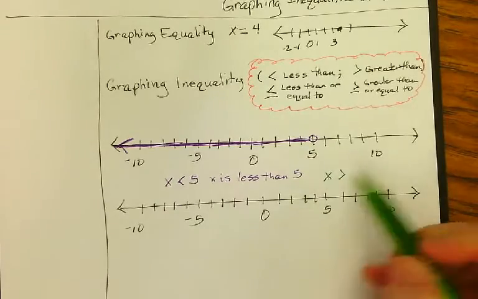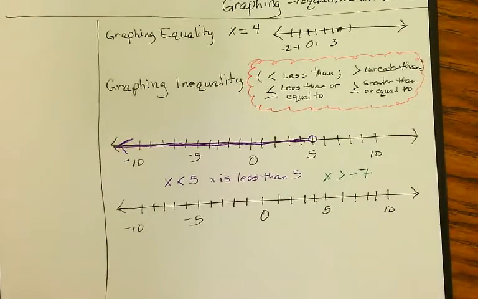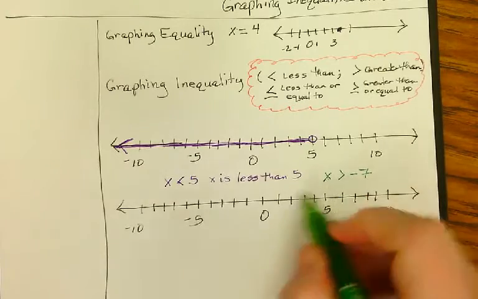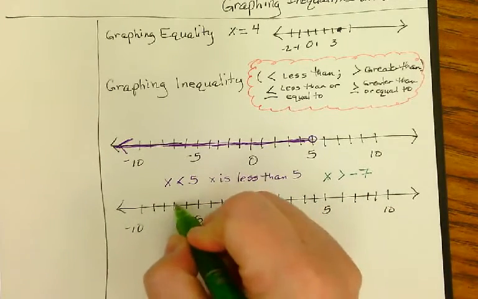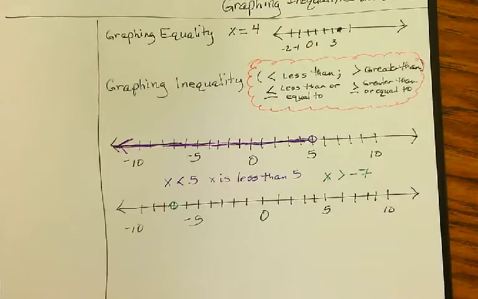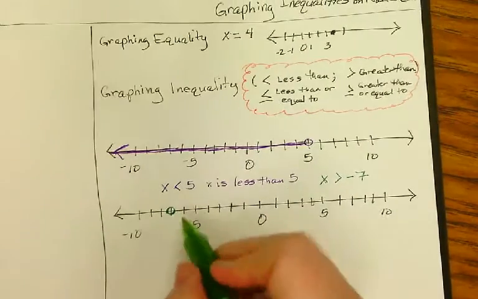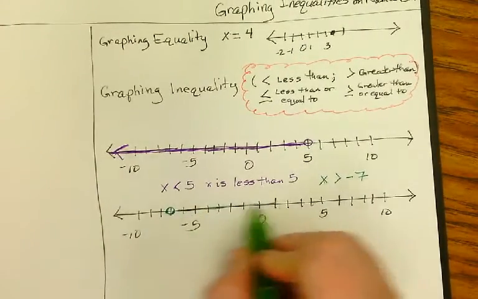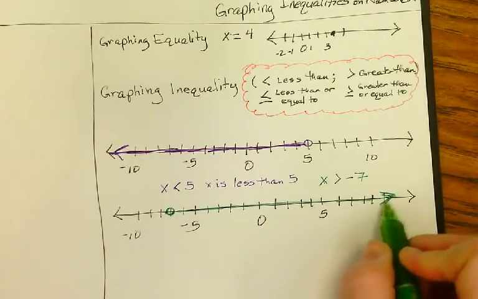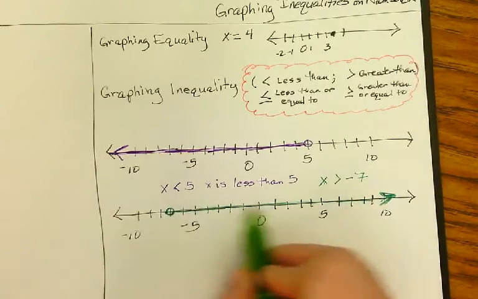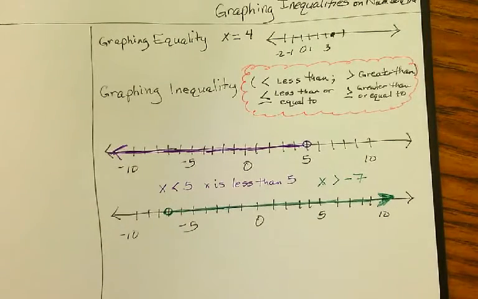So if I've got x is greater than -7, I'm again going to do an open circle at -7. That tells me it's not -7, but it's everything bigger than -7. And we just put an arrow there to show that it keeps on going forever. All right?